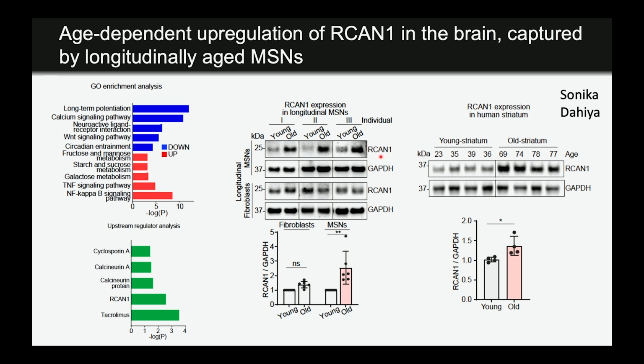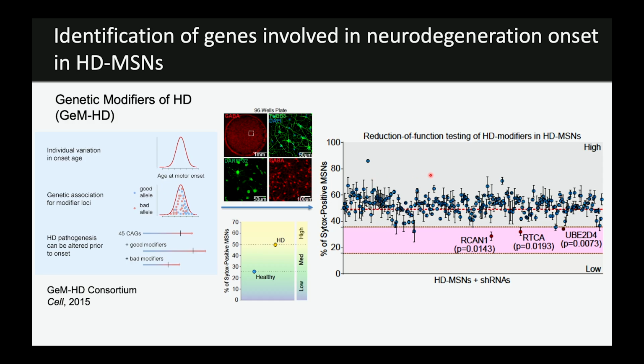What's also important is the reason why we really got into this RCAN1 pathway. Initially we screened about 300 genes, a collection known as Huntington's disease modifying genes.